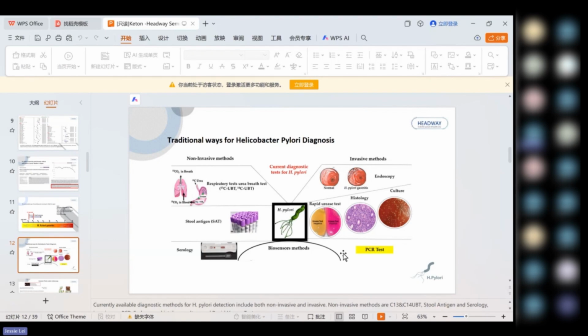Currently, available diagnostic methods for H. pylori detection include both non-invasive and invasive. Non-invasive are the carbon-14 and carbon-13 urea breath test, stool antigen test, and serology test, and invasive methods include PCR, endoscopy, histology, culture, and rapid urease test.